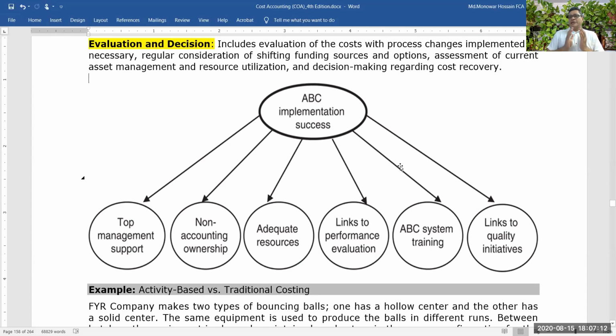So if any organization wants to establish a good or best practice activity-based costing system within the organization, it should take the top management support, need the adequate resource, link the performance evaluation, require the proper training, proper knowledge for using that, and link to the quality initiative. So it is the ABC implementation success within the organizations.